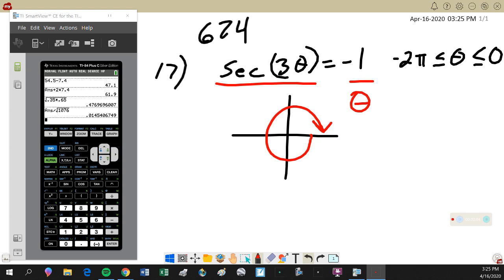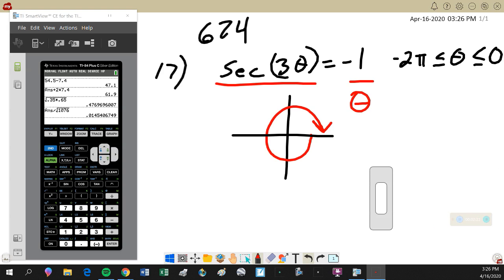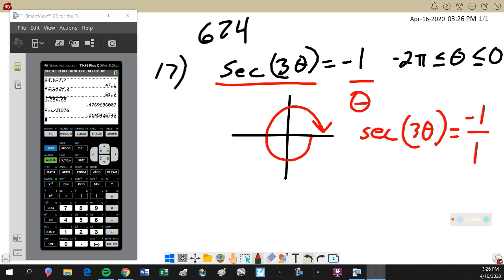Well, secant is never fun to work with. So I know that the secant of theta is 1 over the cosine of theta. So I'm just going to flip it upside down and say 1 over the secant is equal to the cosine, which means I can take secant of 3 theta is equal to -1 over 1 and flip it upside down and say the cosine of 3 theta is equal to 1 over -1, which happens just to be -1.